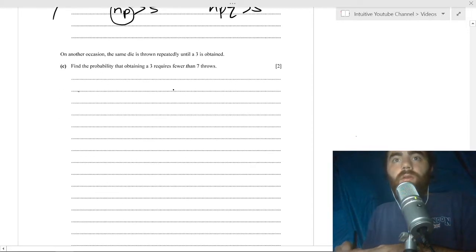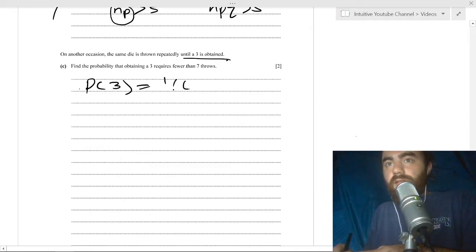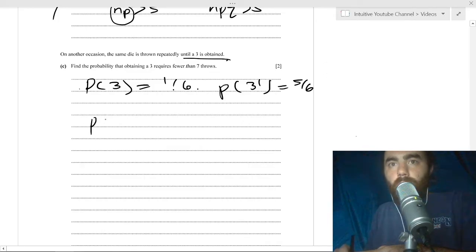And then question C: on another occasion a die is thrown repeatedly until a 3 is obtained. Find the probability that obtaining a 3 requires fewer than 7 throws. Well, we know the probability of throwing a 3 is 1/6, so the probability of not throwing a 3 is 5/6. So it wants to know the probability of throwing a 3 requiring fewer than 7 throws.